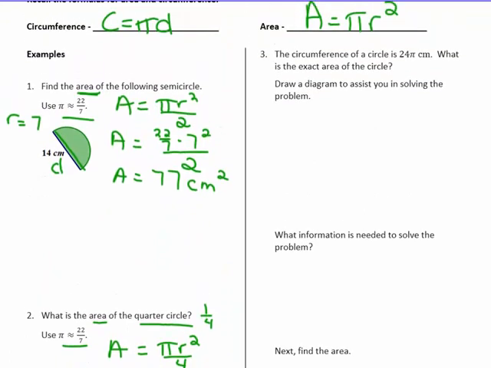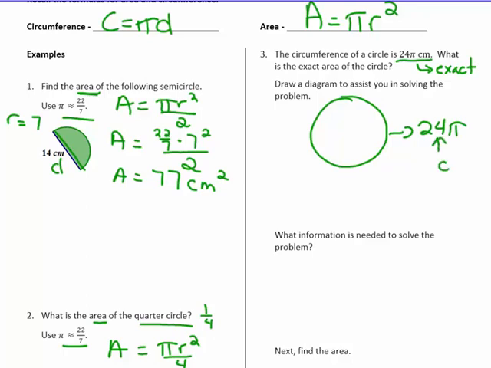Number 3. The circumference of a circle is 24 pi centimeters. So remember, this means this is an exact circumference. What is the exact area? Draw a diagram to assist you in solving the problem. We know that the distance around is 24 pi, so this has to be the diameter.